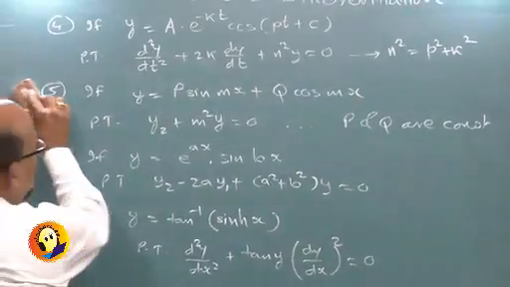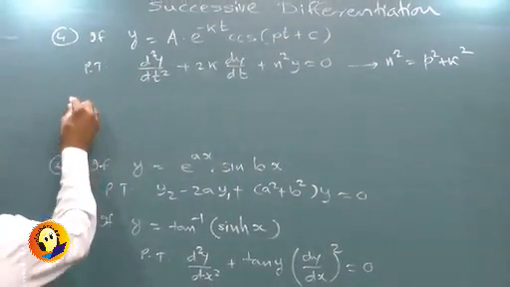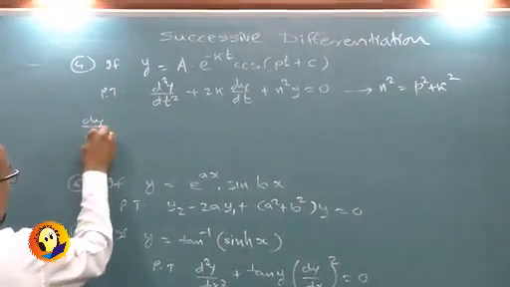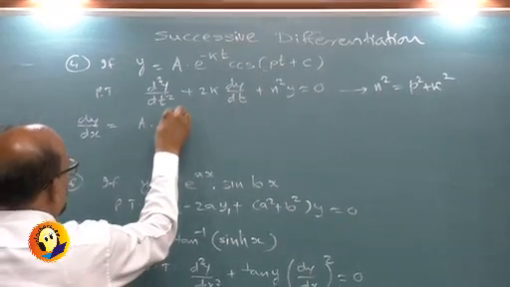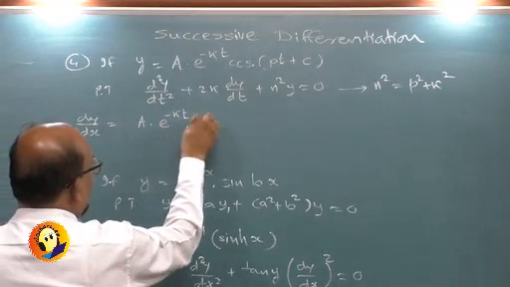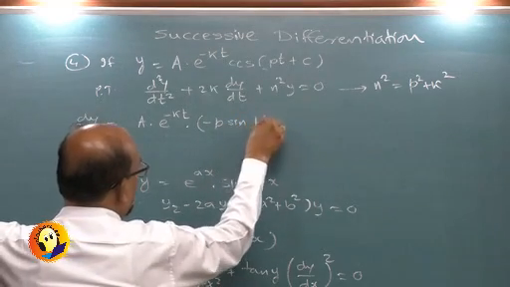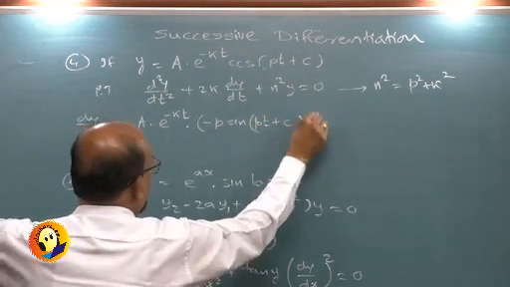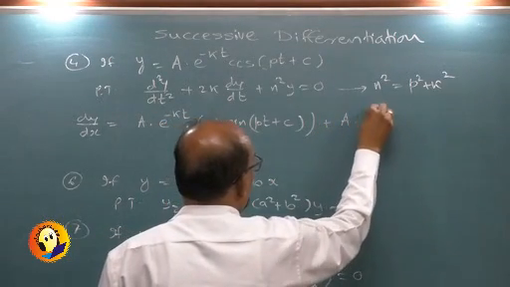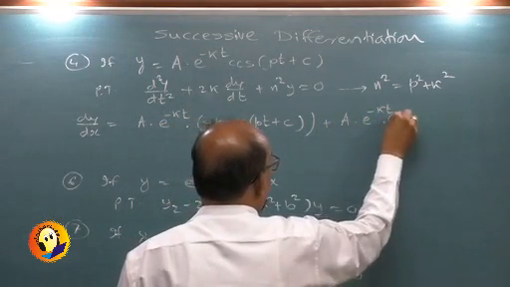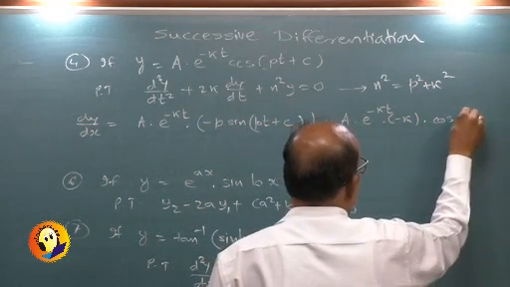These are comparatively simple. For the fourth one, when we find dy by dx, it will be a e raised to minus kt into minus p sine of pt plus c, plus a e raised to minus kt into minus k into cos of pt plus c.